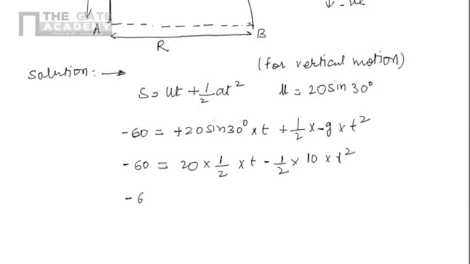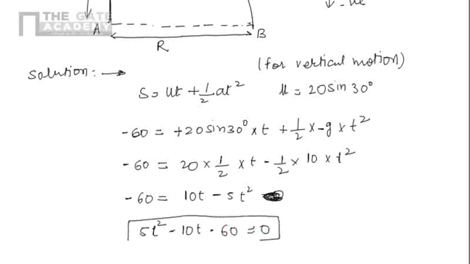So here we are having minus 60 equals 10T minus 5T square. So we have 5T square minus 10T minus 60 equals 0. So we got a quadratic equation in terms of T, that is 5T square minus 10T minus 60. So we can solve it.